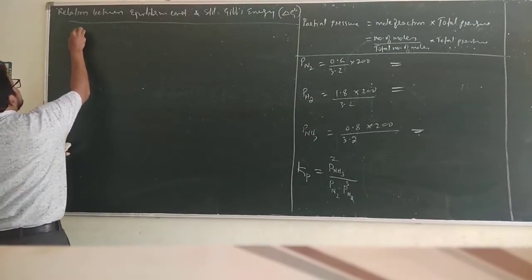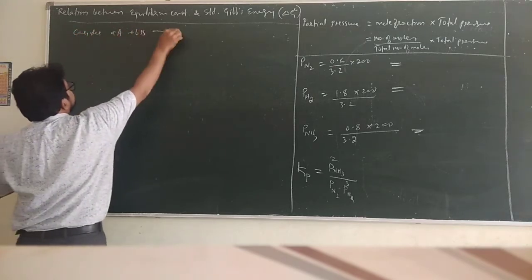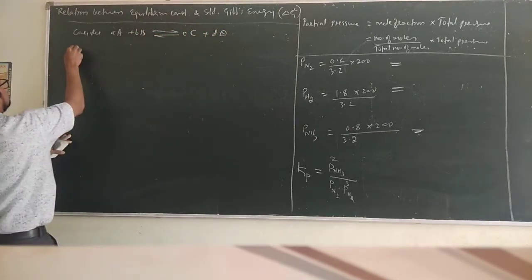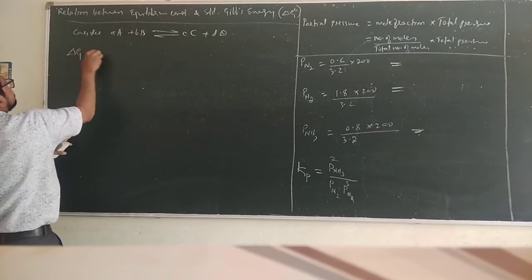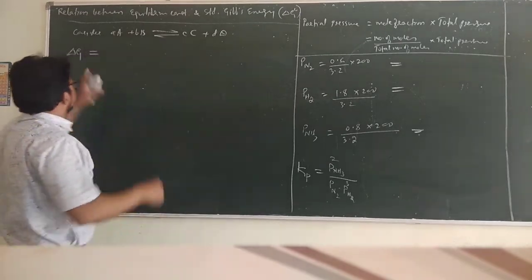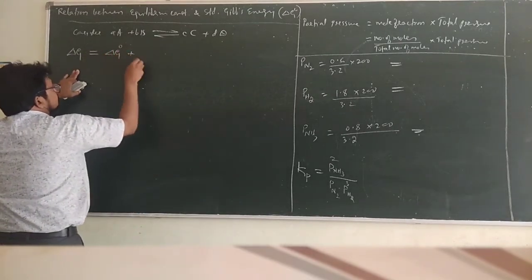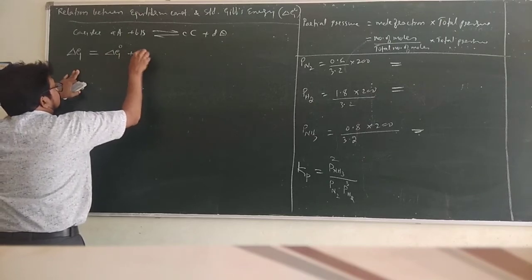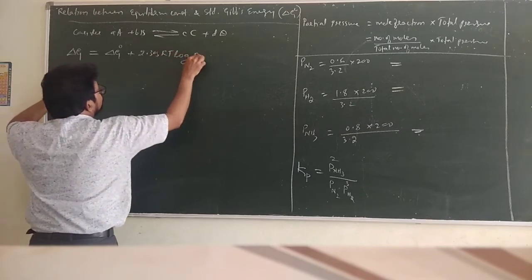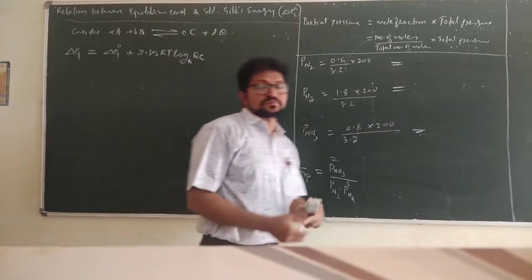Consider a reaction like this: a moles of A plus b moles of B giving c moles of C and d moles of D. The van't Hoff isotherm: delta G is equal to delta G naught plus 2.303 RT log of Qc, and this is log to the base 10 of Qc.